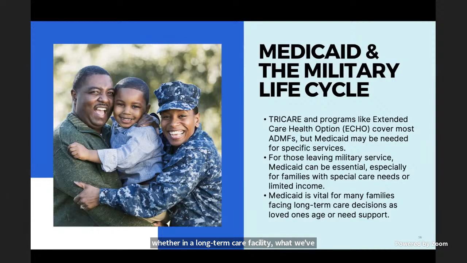And so Medicaid is vital for families facing long-term care decisions, especially as loved ones age or need support.